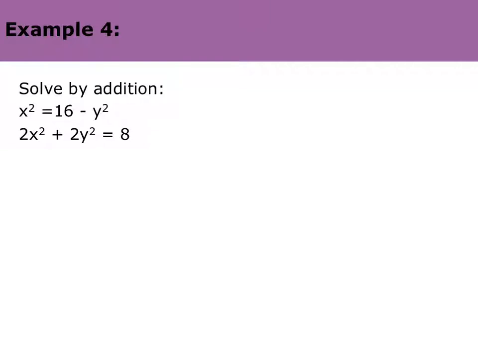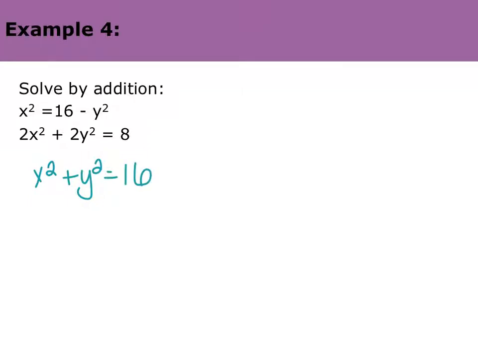So we just need to get it in a form that we can solve. So let's take this first equation and rewrite it so that we have x squared plus y squared, we've added y squared to both sides, equals 16.